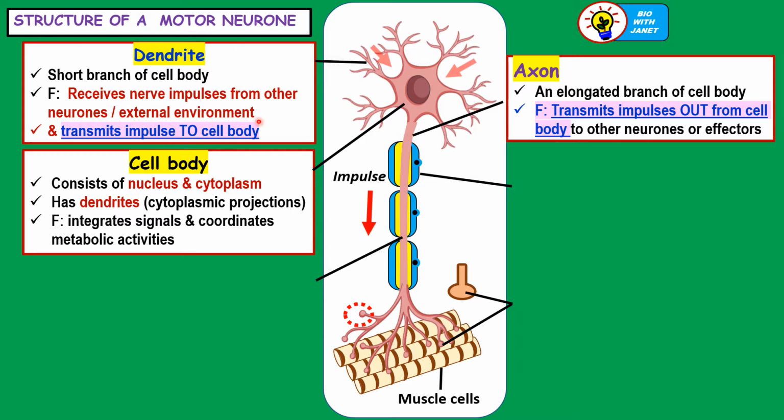Dendrites transmit impulses to the cell body, but axons transmit impulses out from the cell body to other parts. This shows you the direction of flow for the axon from the cell body outwards to other parts, like to the muscle cells.